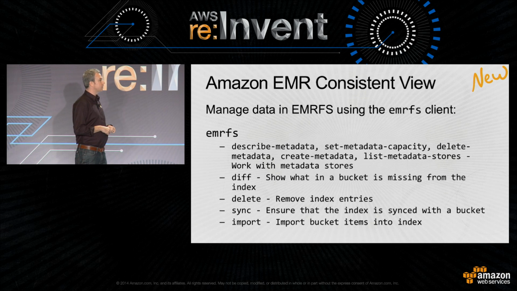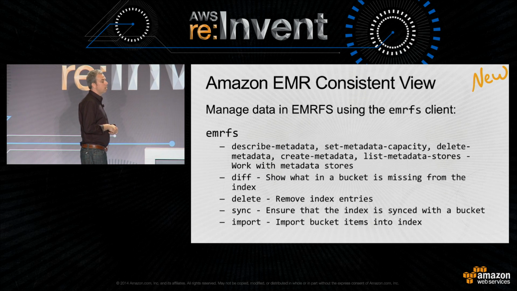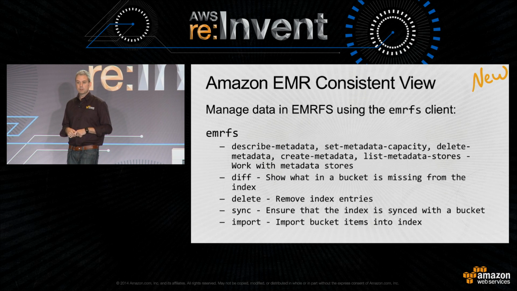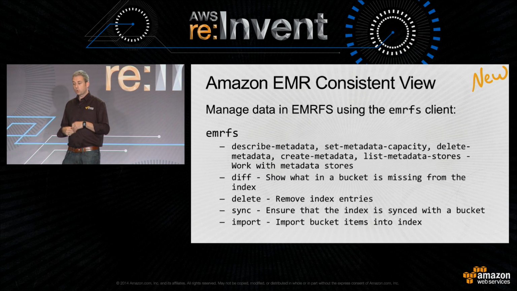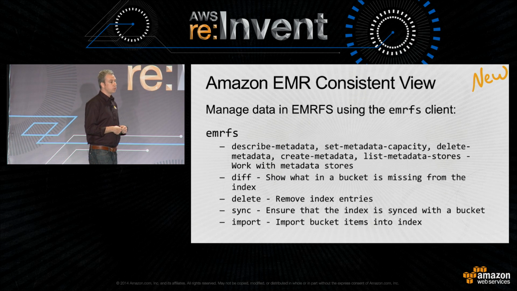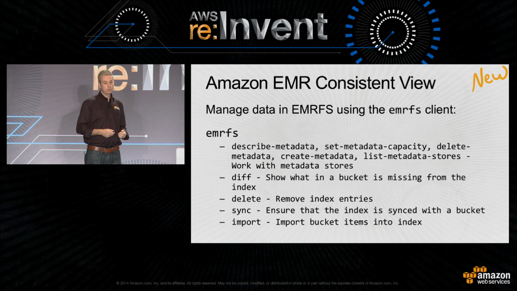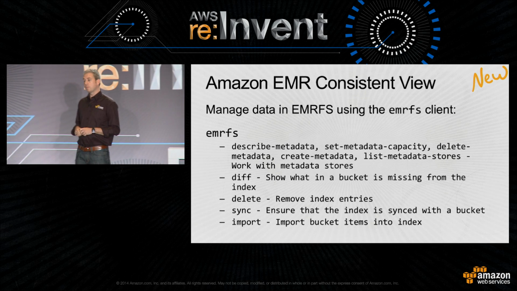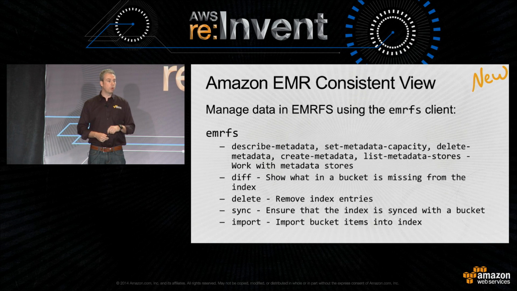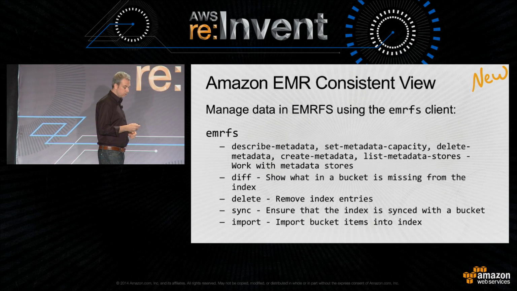And again, you can see some of the commands that you would use for describing that metastore, setting its capacity, cleaning it up. Of course, you can delete entries from the metastore if you want to, but we would encourage you to keep your metastore as up-to-date as possible, and then you can just do a blanket import with the EMRFS tool.